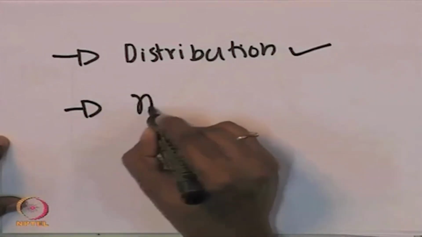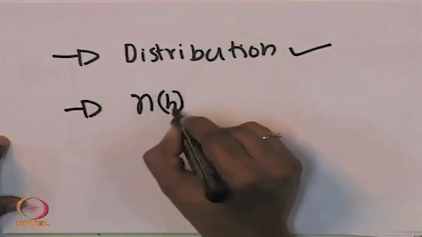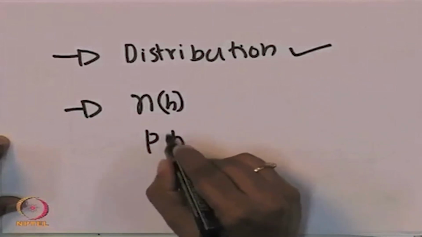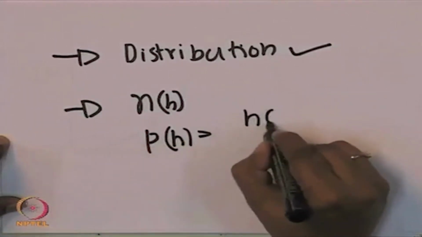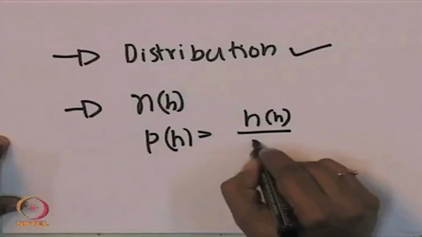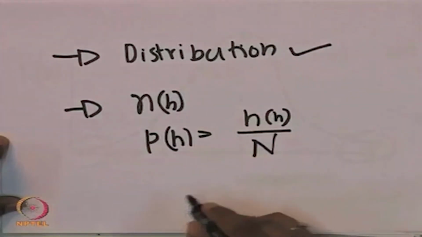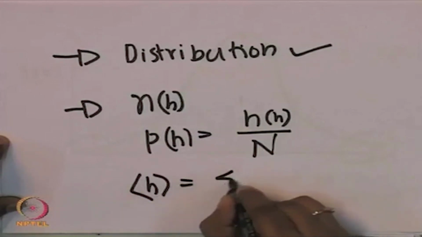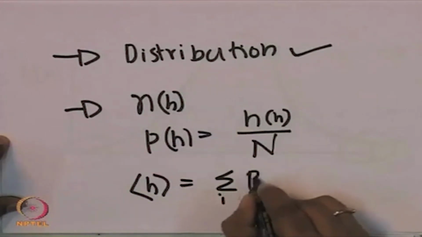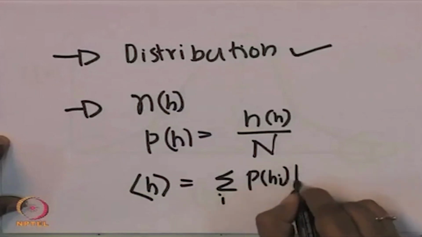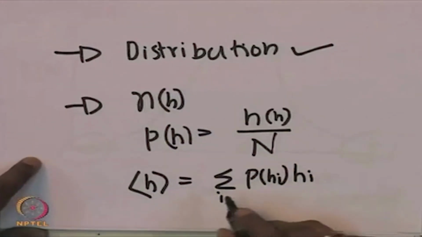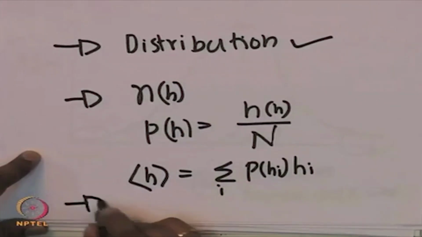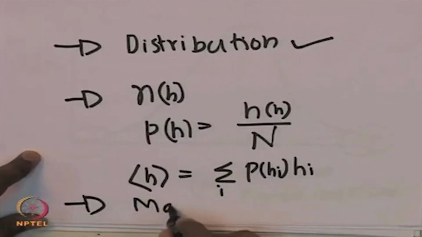If you know this n of h, the number of students having height h, we can define the probability distribution P of h as n of h divided by the total number, and we can define averages by the sum over i of P of h i times h i. We can also define standard deviation in a similar fashion, and there are many examples in biology.